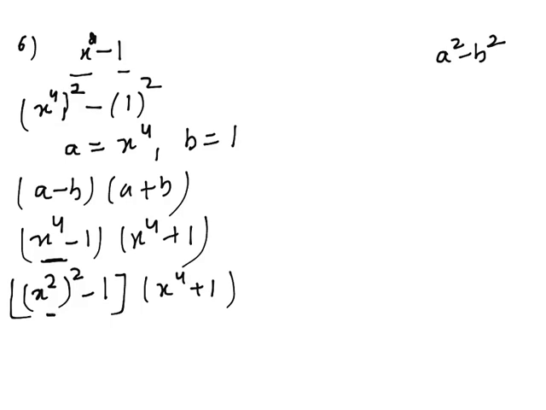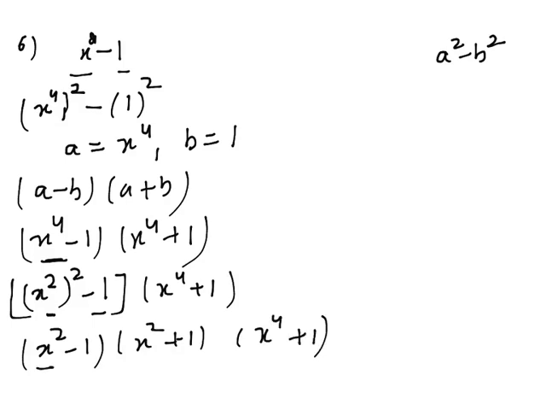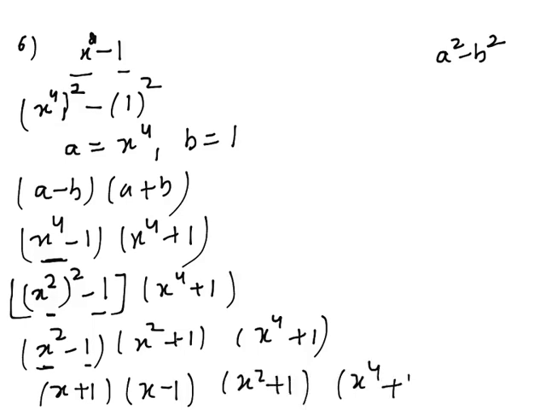Again, it is using the formula a square minus b square. So we can write it as (x square minus 1)(x square plus 1). And here we have x raised to the power 4 plus 1. Now, x square minus 1, we can write it like (x plus 1)(x minus 1). And (x square plus 1) and (x raised to the power 4 plus 1).